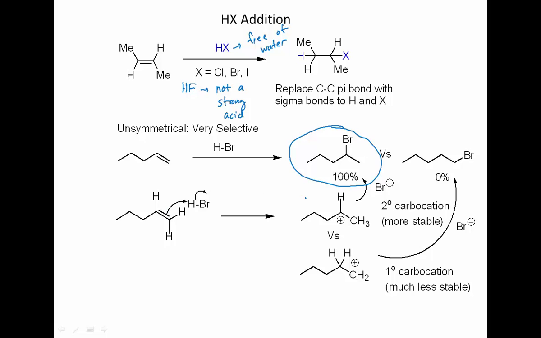There are two hypothetical products from this initial attack: the secondary carbocation or the primary carbocation. We've known for a long time that the secondary carbocation is more stable, so it's going to form the secondary carbocation. And if it ever did form the primary carbocation, of course, this would rearrange to that anyway.